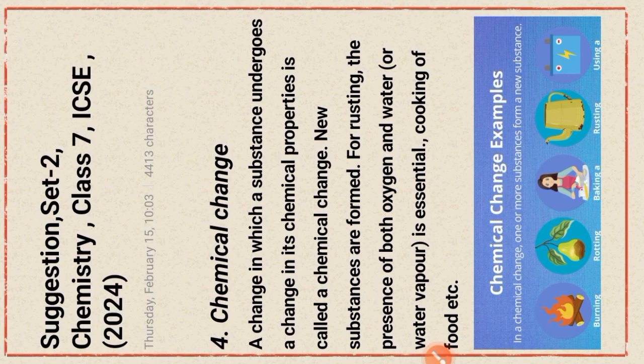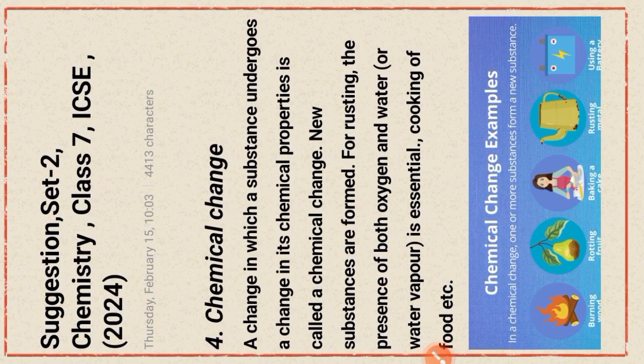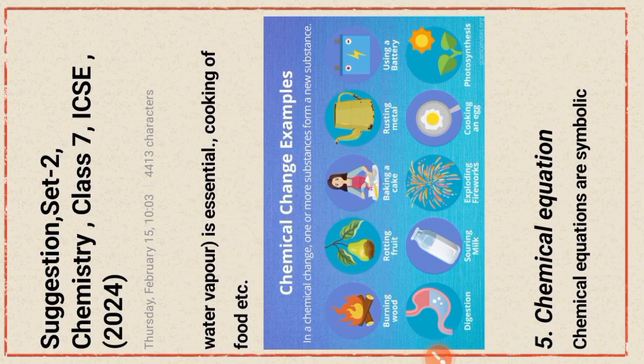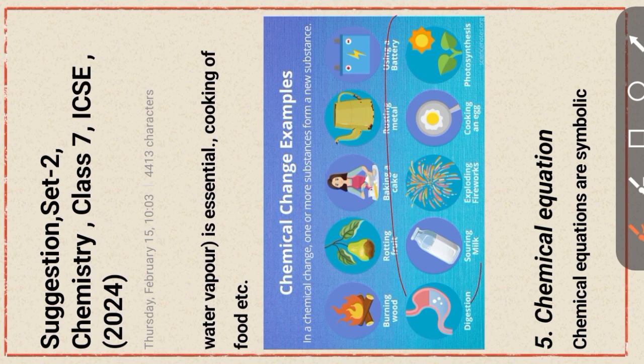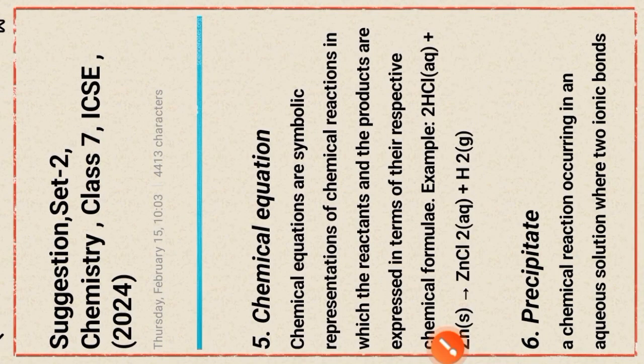Cooking of food is one type of chemical change. And other chemical change examples, show the picture: burning of food, roasting food, digestion, cooking of food, photosynthesis, etc.